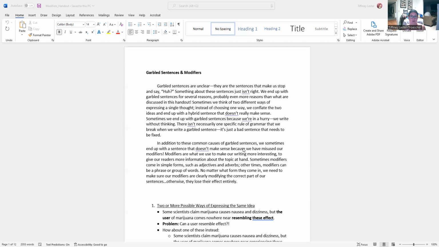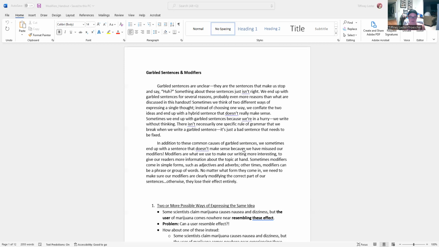Or she walked quickly. Quickly is an adverb that describes how she walked. It's adding more information, modifying that verb, walked. But other times, our modifiers can be a group of words or a phrase. And no matter what form they come in, we have to make sure that we're using modifiers clearly, and that the modifier we're using is clearly modifying the correct part of our sentence.